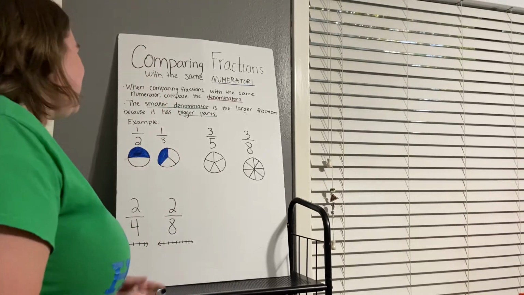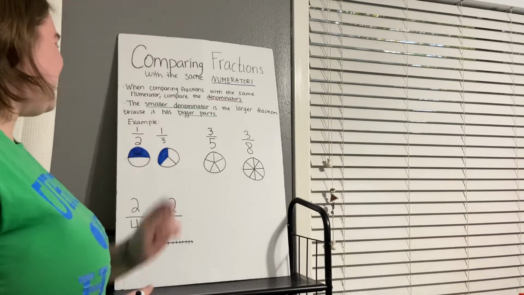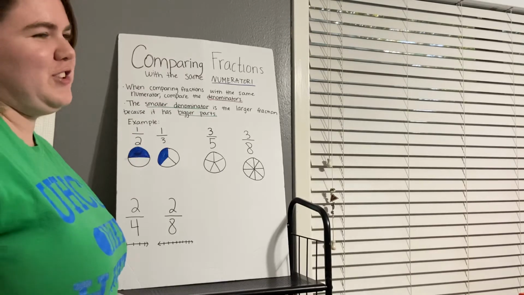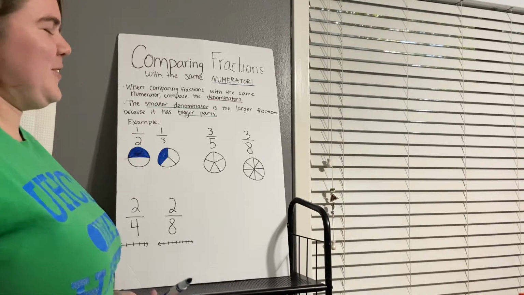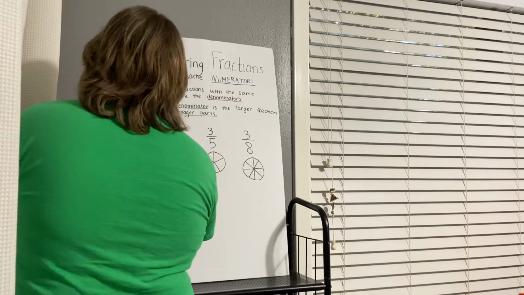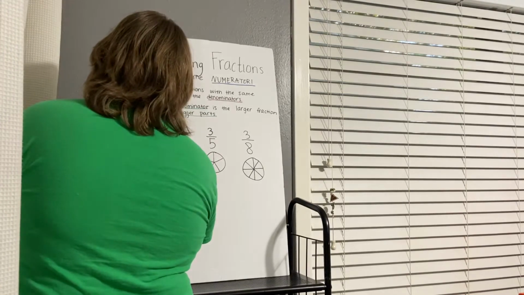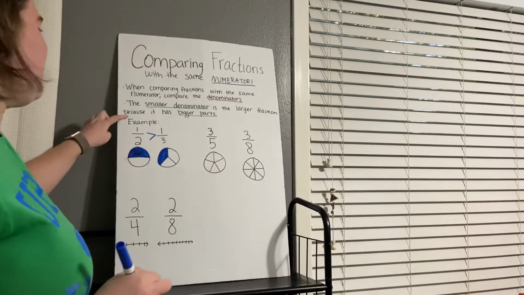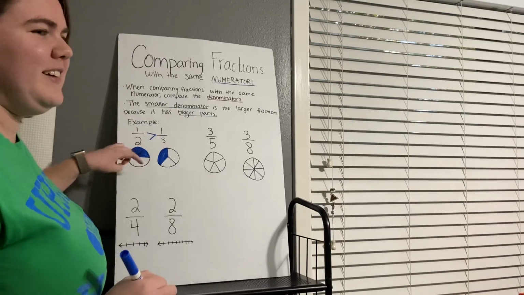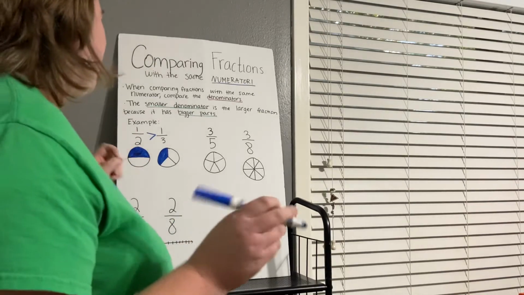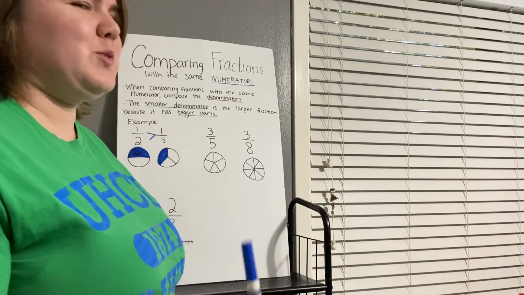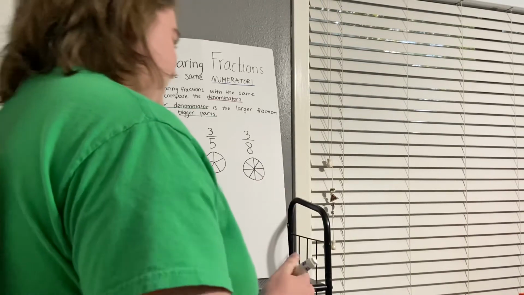1/2 and 1/3. Which fraction is bigger? 1/2. So we can look at our shaded parts and see that 1/2 has more shaded. It has a bigger part, right? Whenever we're comparing fractions, we're going to circle what is the same.